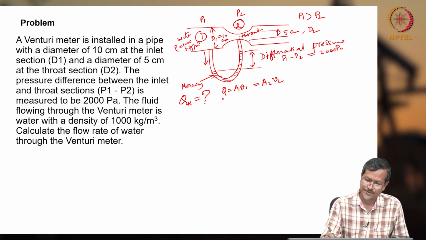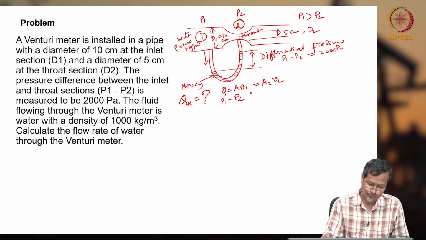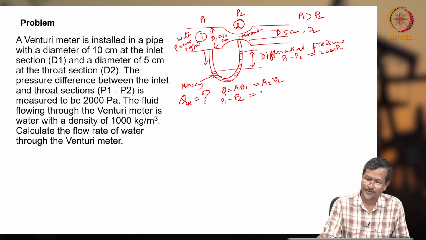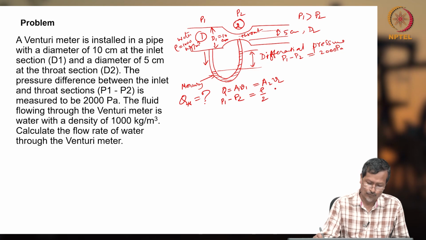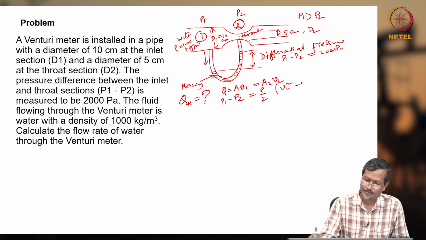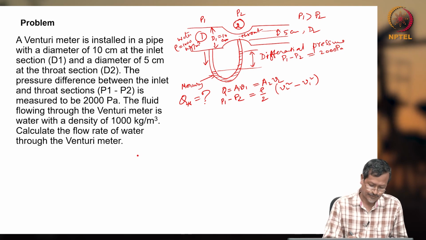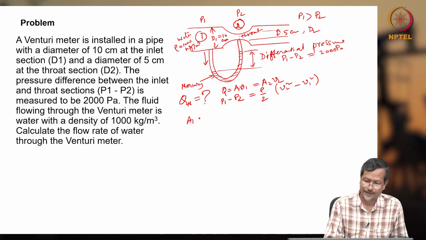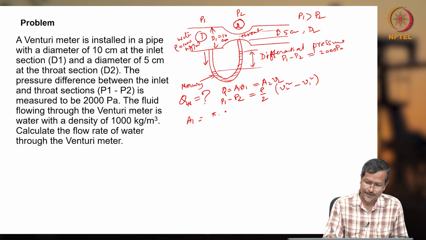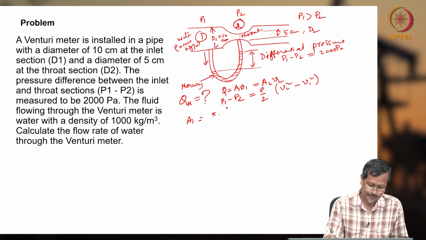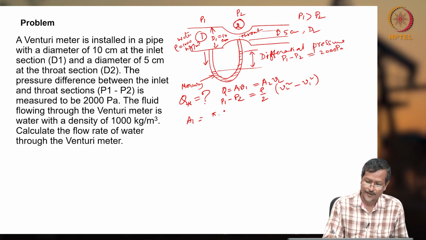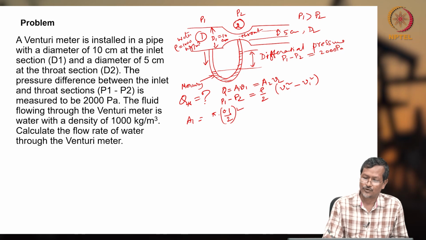So P1 minus P2 equals, from the previous formula, rho by 2 into V2 square minus V1 square, from Bernoulli's equation. And A1 equals pi d square by 4, so pi times 0.1 divided by 2 square. Why 0.1?